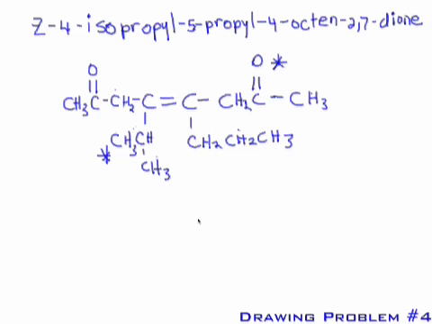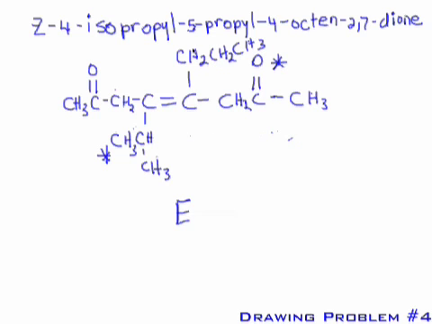Now, what have I drawn here? What I've drawn here is E. They're on opposite sides of the double bond. So what do I do if I want to make Z? Well, all I have to do is switch one of the sides, rotate one of the sides. And I can do this, for example, by taking this propyl and putting it up here. If the propyl's placed up here instead of down, now these two guys are on the same side.